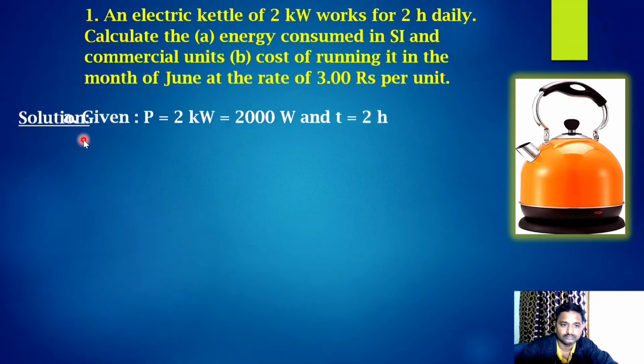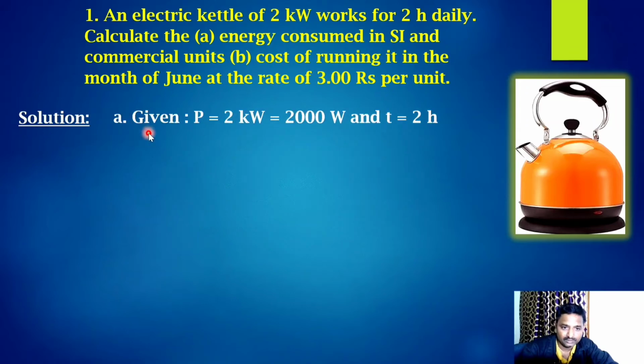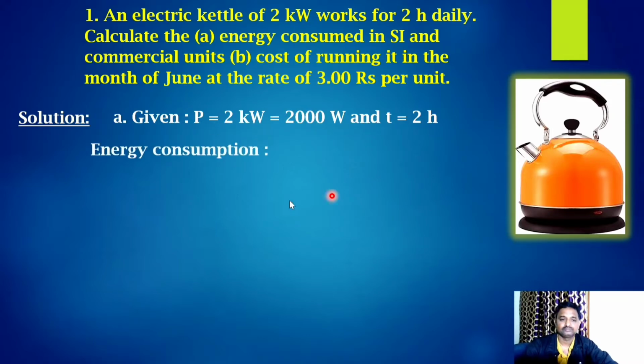Solution. Given power of electric kettle 2 kilowatt. Here kilo means 1000, so 2 into 1000 we will get 2000 watt, and time t is equal to 2 hours. Energy consumption.